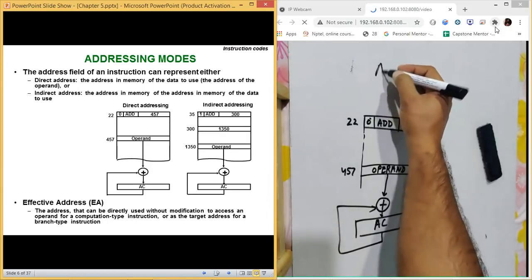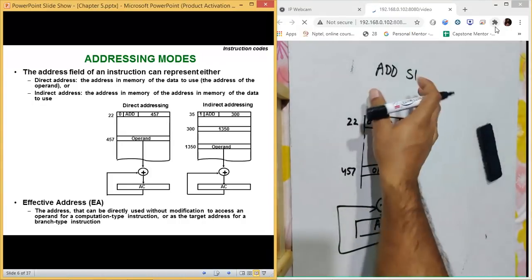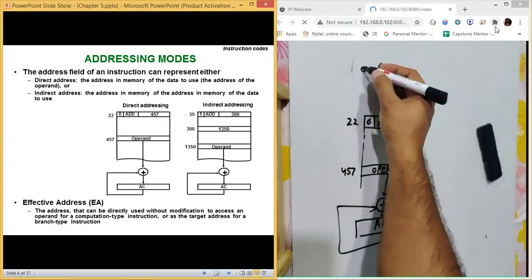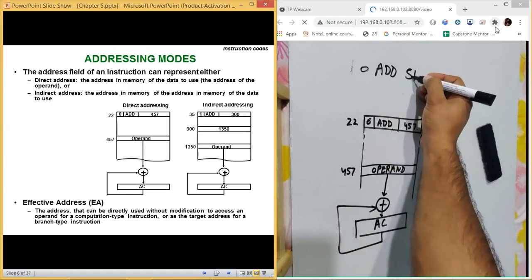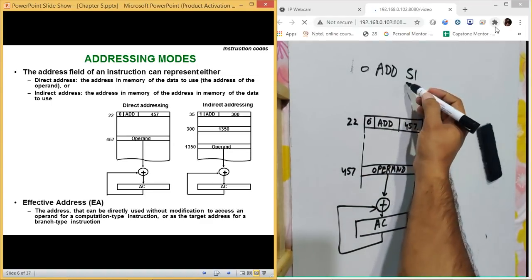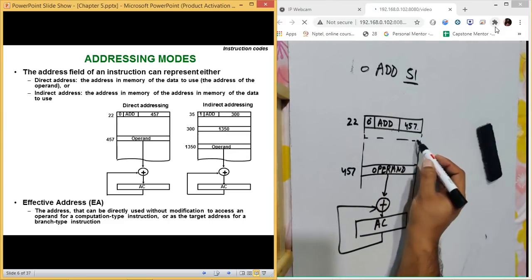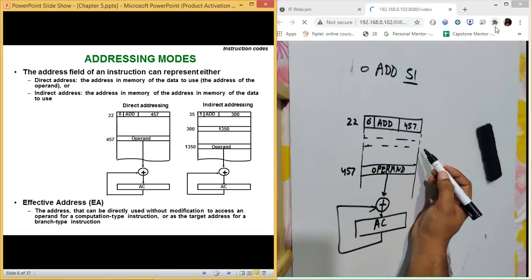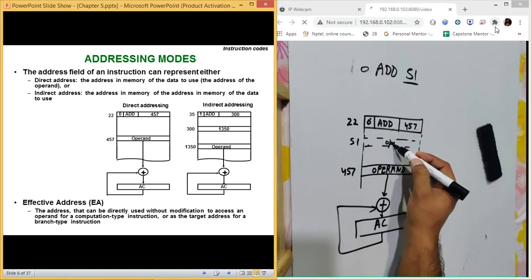Like if I want to perform add 51, this is just what I want to perform. So this is 0. So it is telling that the actual operand which I am having is at the address 51. So I will get it at the address 51, whatsoever the operand is. So at this place 51 I will have an operand stored.